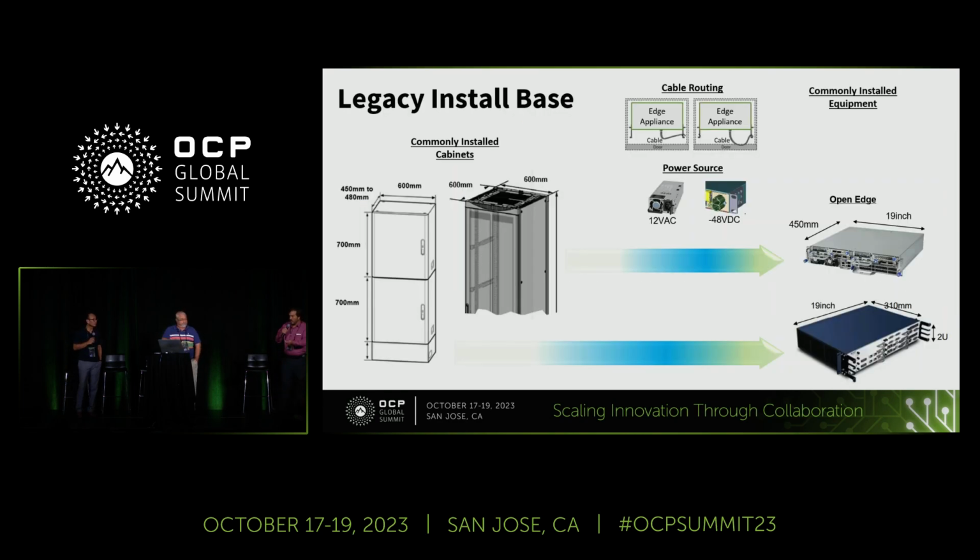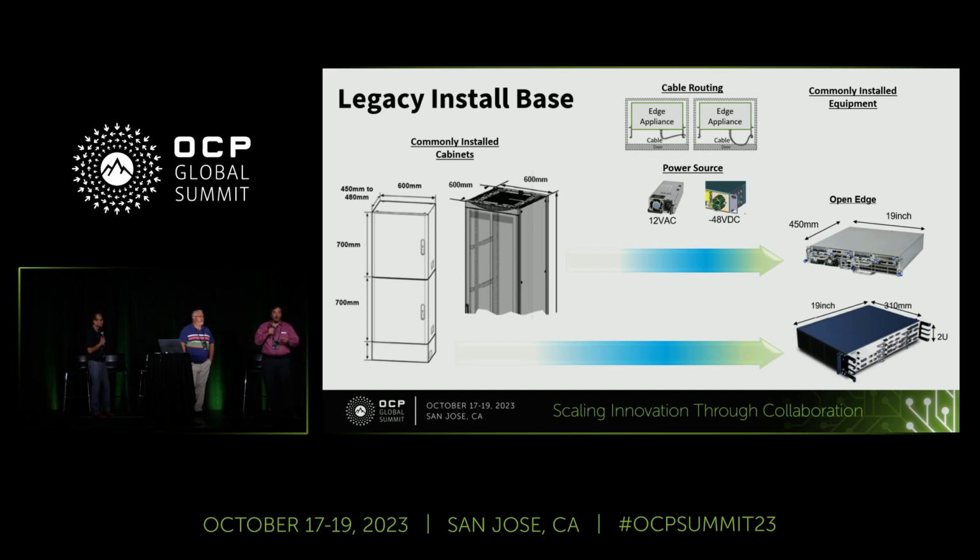All right. So finishing out some of the challenges. The install base that we have for Edge is quite broad. In the data center, we do have variety. We do have different size racks. However, in Edge, it is much worse. So we have racks that are extremely short depth. We have environmental situations that are quite varied.